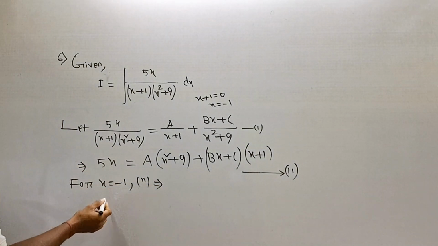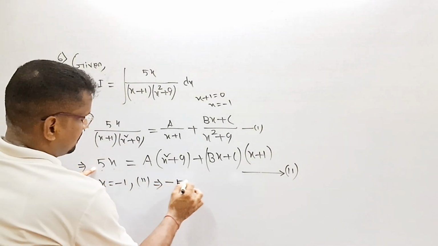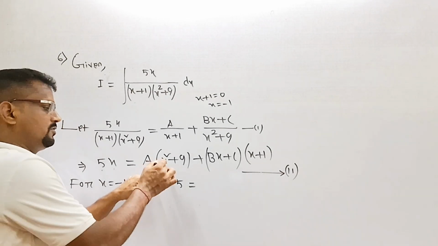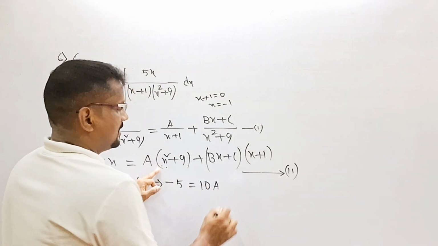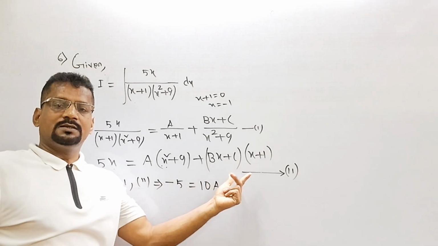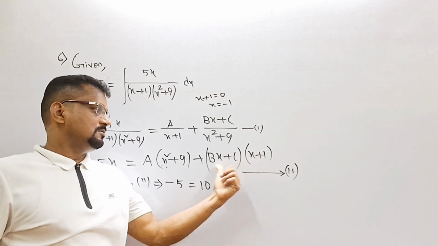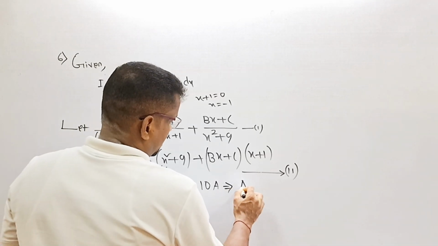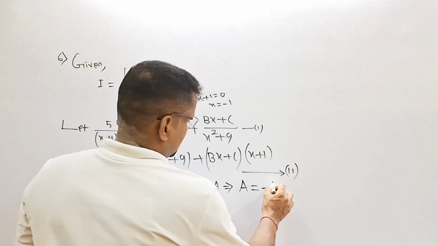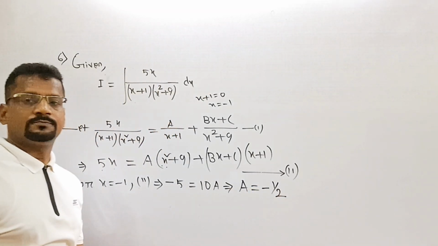If you put negative 1, 5 into negative 1 will be negative 5, equal to, if you put negative 1 here, that is 1 plus 9, 10a. And this term will be eliminated because x plus 1 is 0. So here a we obtained as negative 1 by 2.